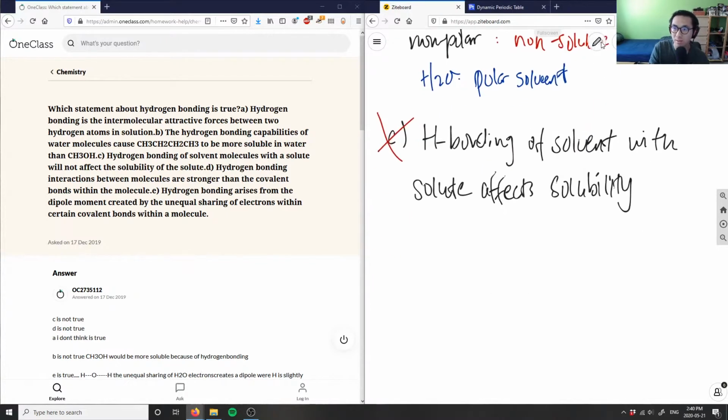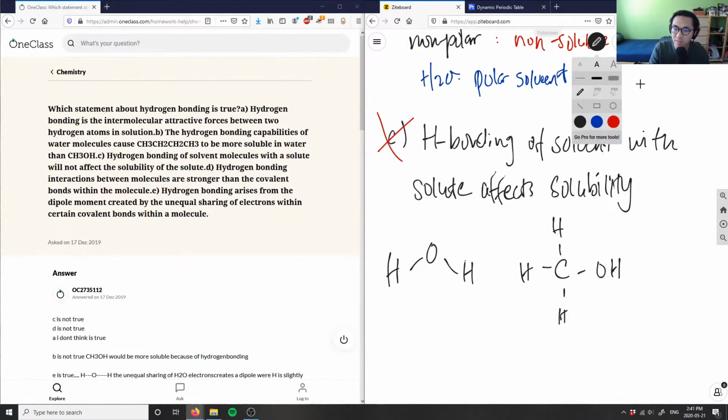The reason why is that if I were to draw out the molecules here, I have water, but also CH3OH. So these guys here, I can hydrogen bond. So this here is a hydrogen bond.